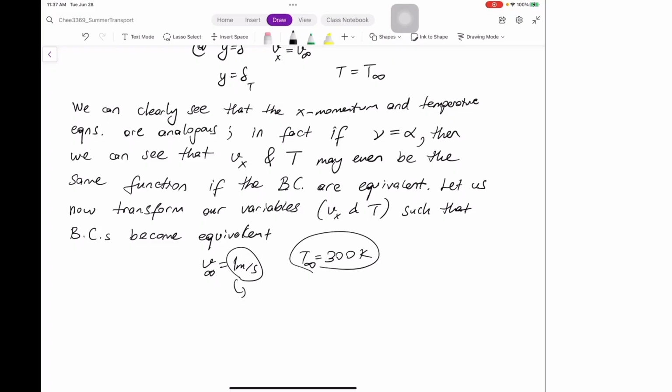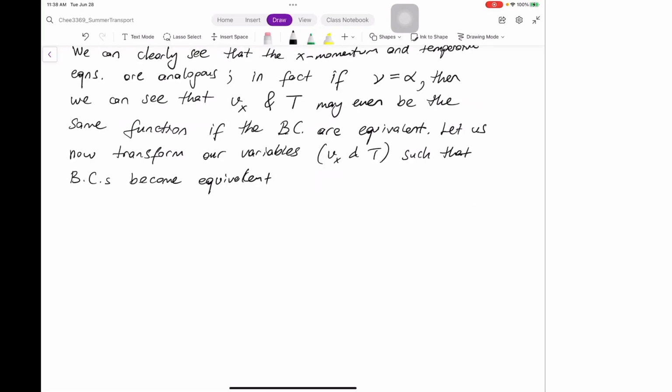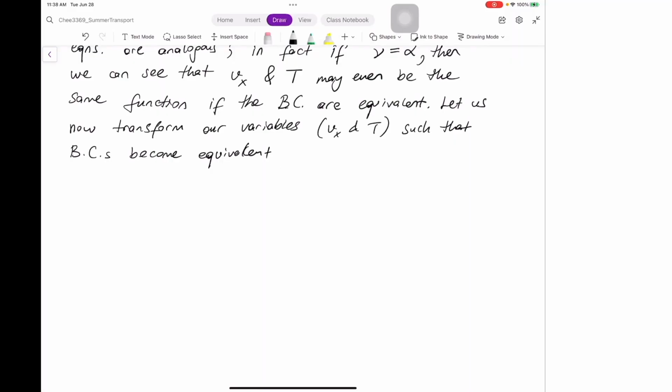Instead, let's use reduced or non-dimensional velocities to make them comparable. We are going to scale it from 0 to 1. Let's scale the temperature from 0 to 1 as well, so that they come to the same scale and are comparable to each other. So let's see how we can do it. That's the actual beauty of non-dimensionalization and non-dimensional numbers.